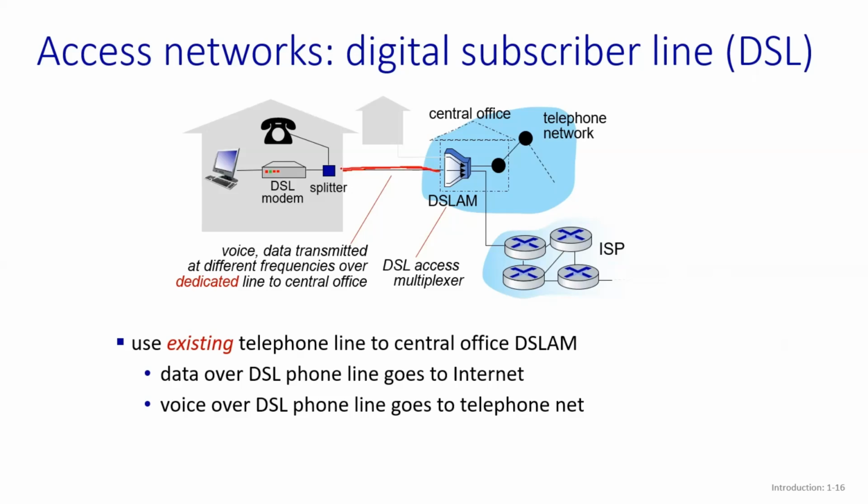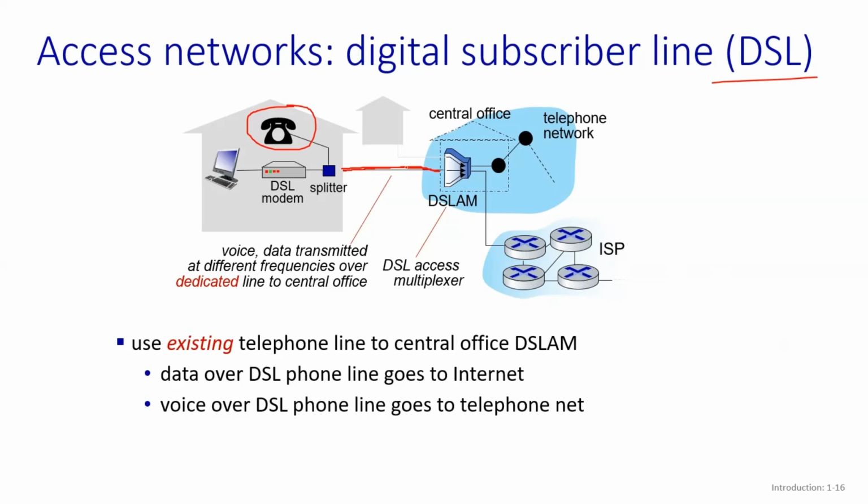Keep in mind the DSL service, the digital subscriber line service, is provided by the same telephone company which provides you with the landline facility. You can see this telephone over here.